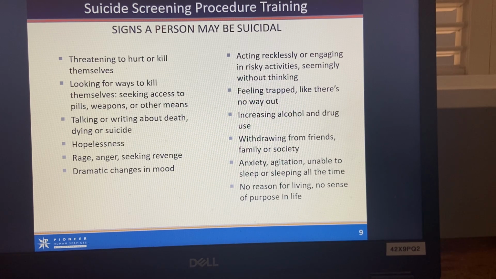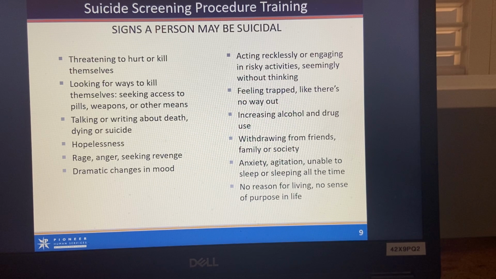These are probably some of the most observable signs that a person may display. They may say them verbally, they may also write them down, and we need to be aware and listen when individuals say these things and take the necessary steps, which would be completing the suicide screening scale.